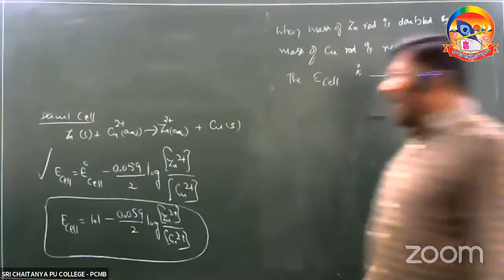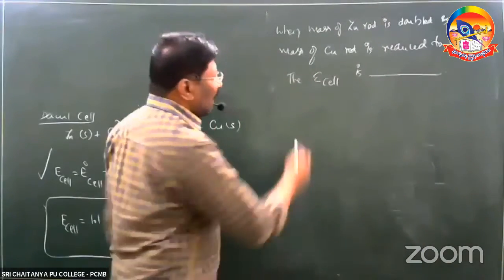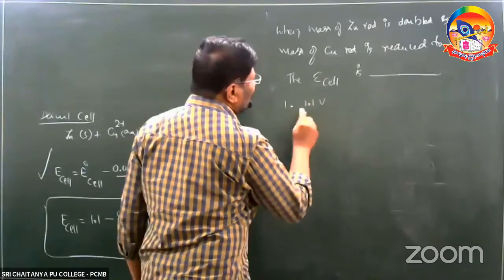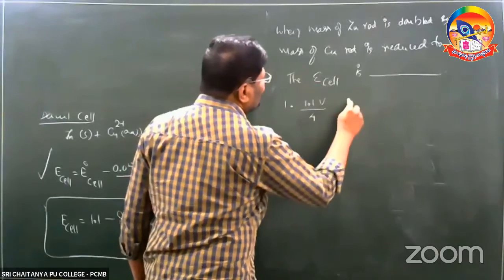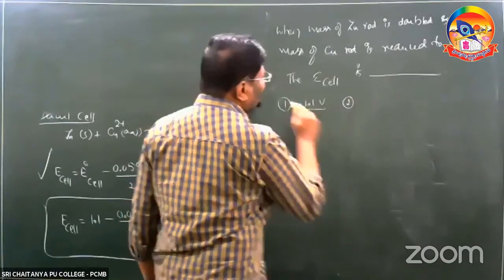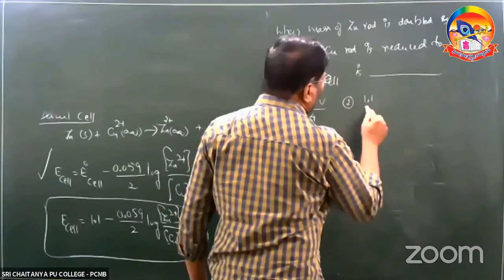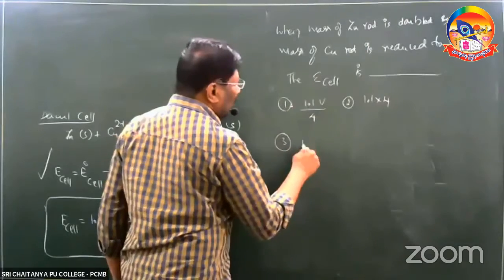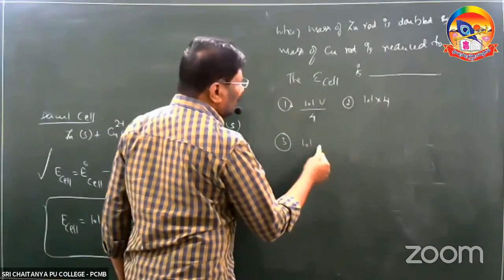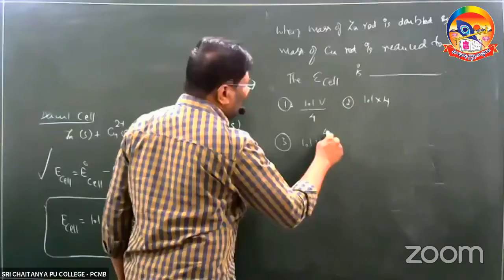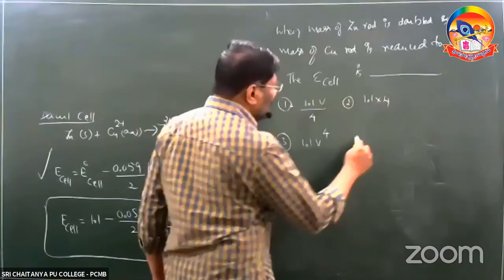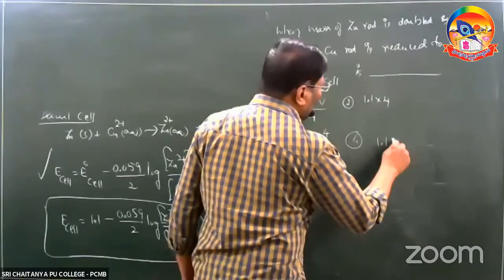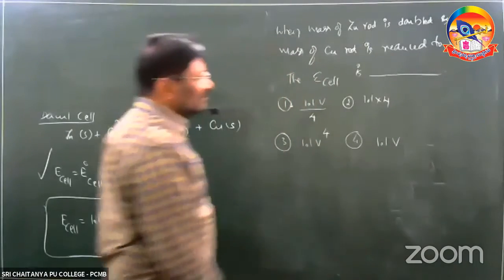So the options are like this: 1.1 volts by 4. Second option, 1.1 volts into 4. Third option, 1.1 volts power 4. Fourth option, 1.1 volts.